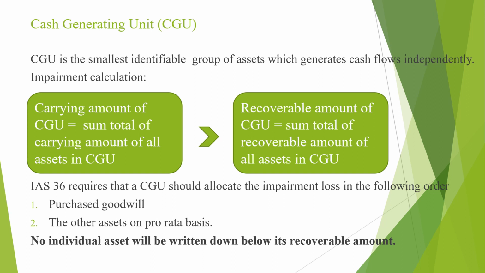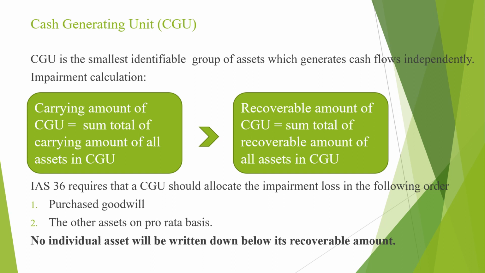If any particular asset has been damaged and you are able to identify it, you will first write down the value of that asset to the extent that it is damaged. The next part is you will calculate the impairment loss and allocate it to purchased goodwill.